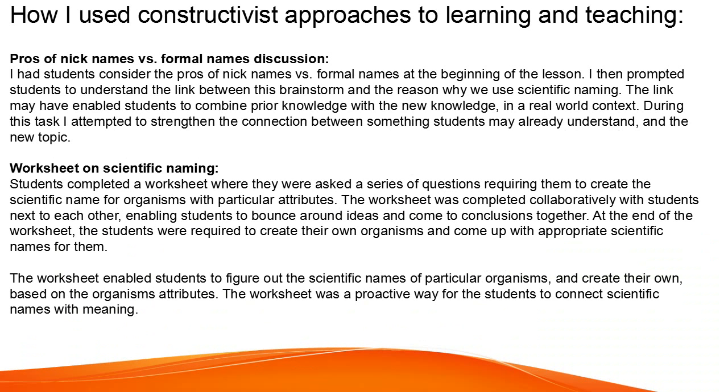At the end of the worksheet, the students were required to create their own organisms, so they had to come up with the different attributes of these organisms and then give them an appropriate scientific name according to the table. It enabled students to be more proactive about receiving that understanding of scientific names and the fact that they have meaning and purpose.